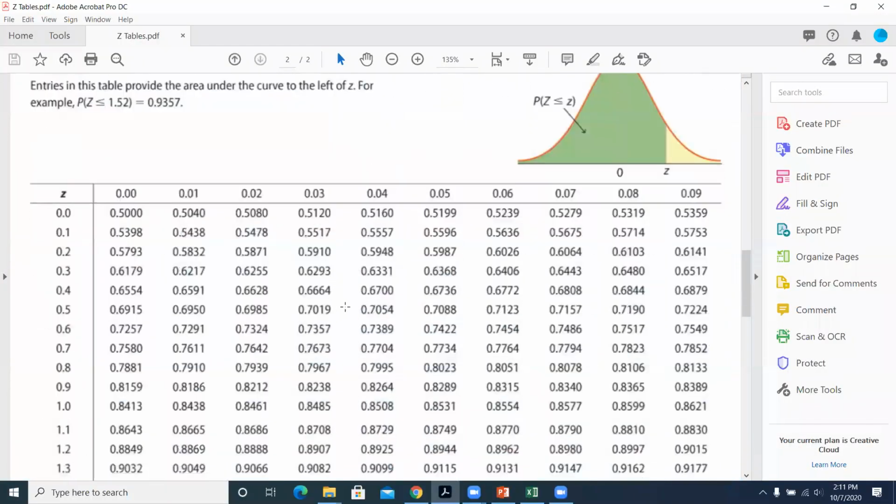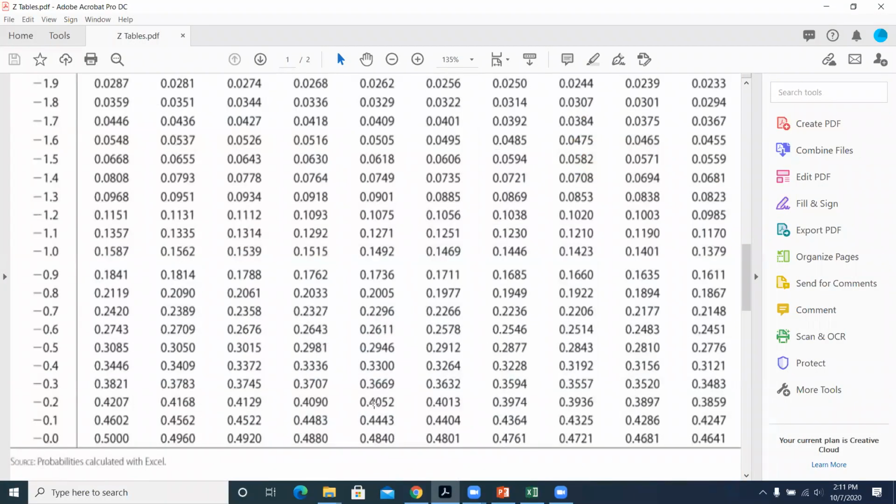So here, if I find what's close to 0.4, so your question earlier, what if I can't find exactly 0.4? Well, I'm in between these two. So I just find the two values that I'm in between that are closest to the probability I want.